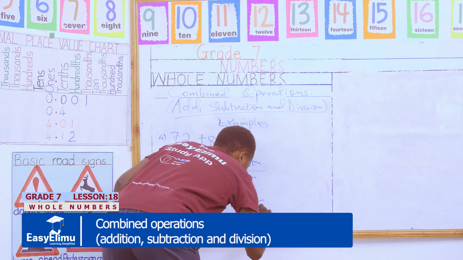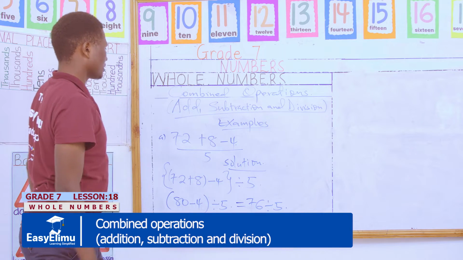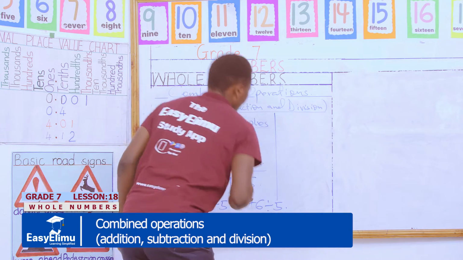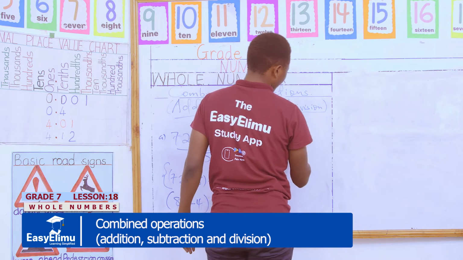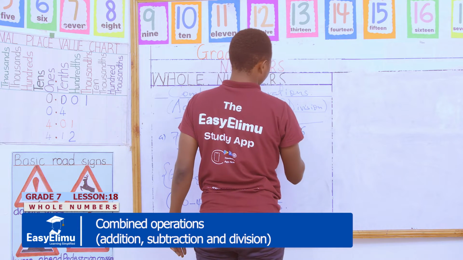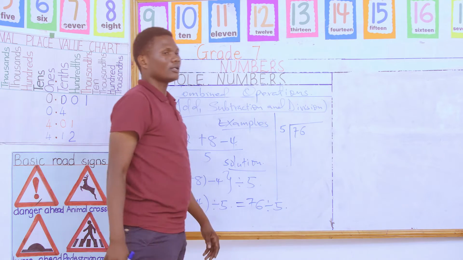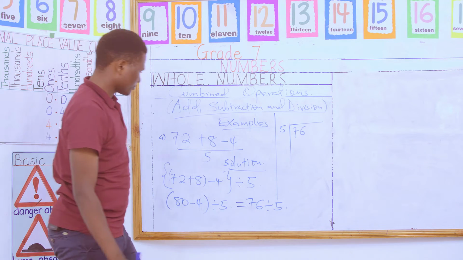So we shall have 76 divided by 5. Allow me to use that part of the board. Using the long division method, 76 is our dividend and 5 is our divisor. And whatever we shall get afterwards is what we call the quotient.